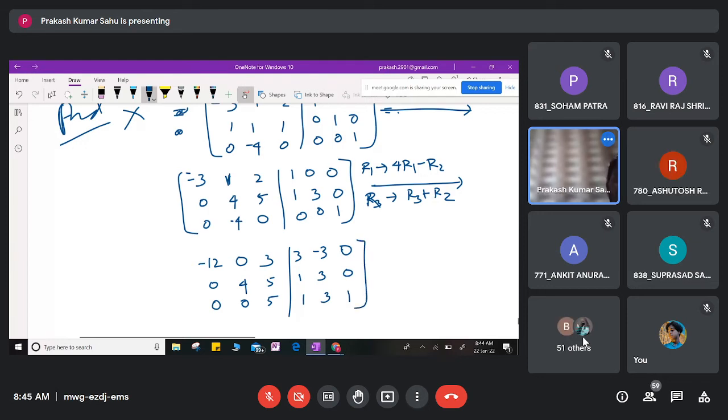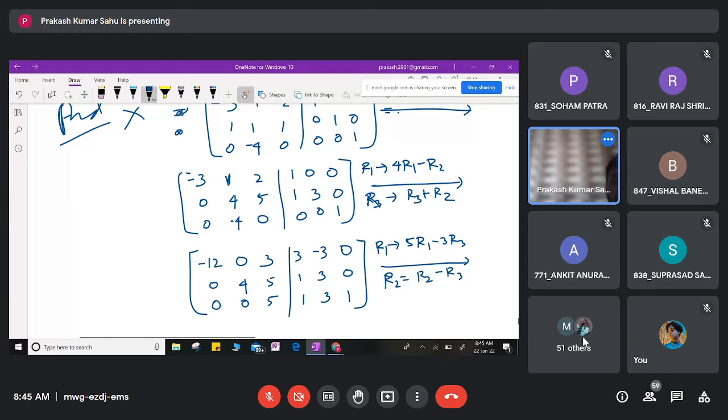Okay, this matrix here. Again you change this R1, R3 fix रहेगा, R1 को change करोगे, this R1 is replaced by 5R1 minus 3R2, and this R2 is replaced by R2 minus R.